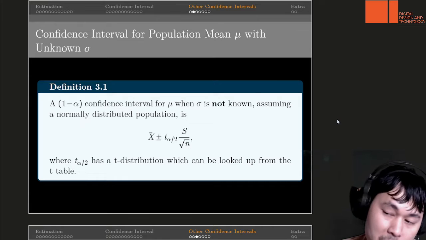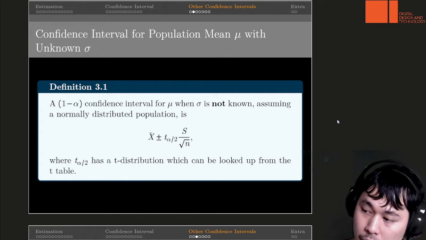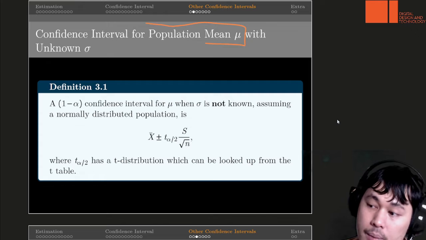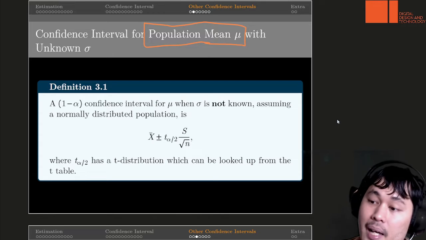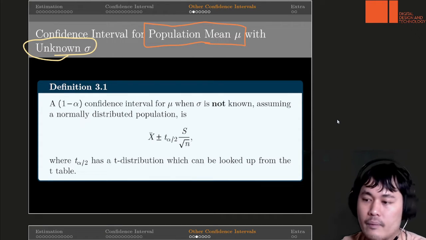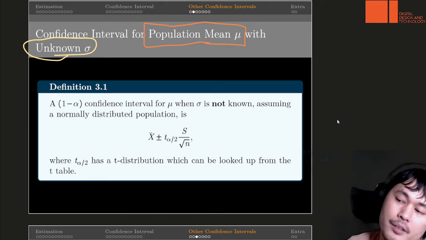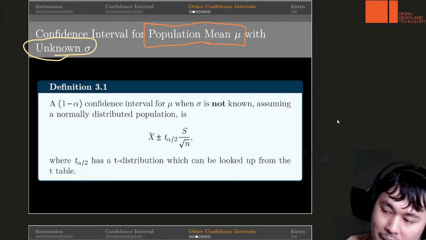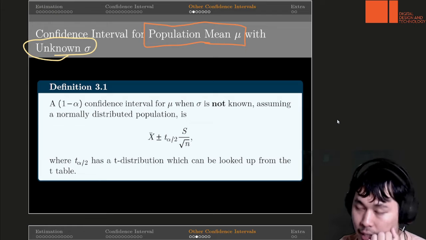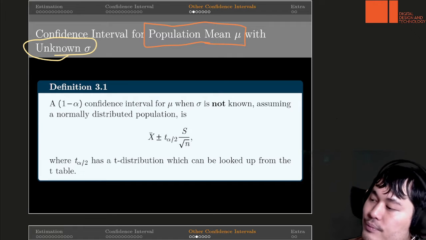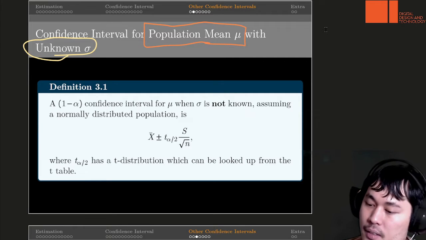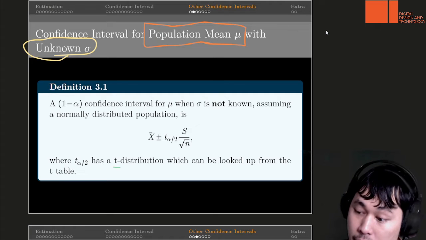So the first formula is for when we want to find the population mean, but sigma is unknown. Maybe this is the first time you do a survey on this topic, so it is impossible to know what the standard deviation is in the first place. In that case, we have to use a different distribution.